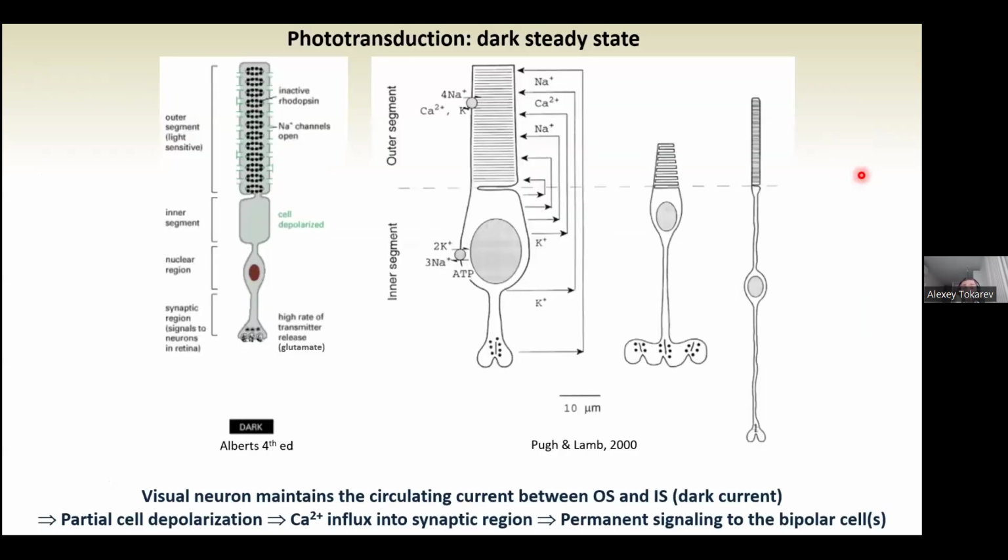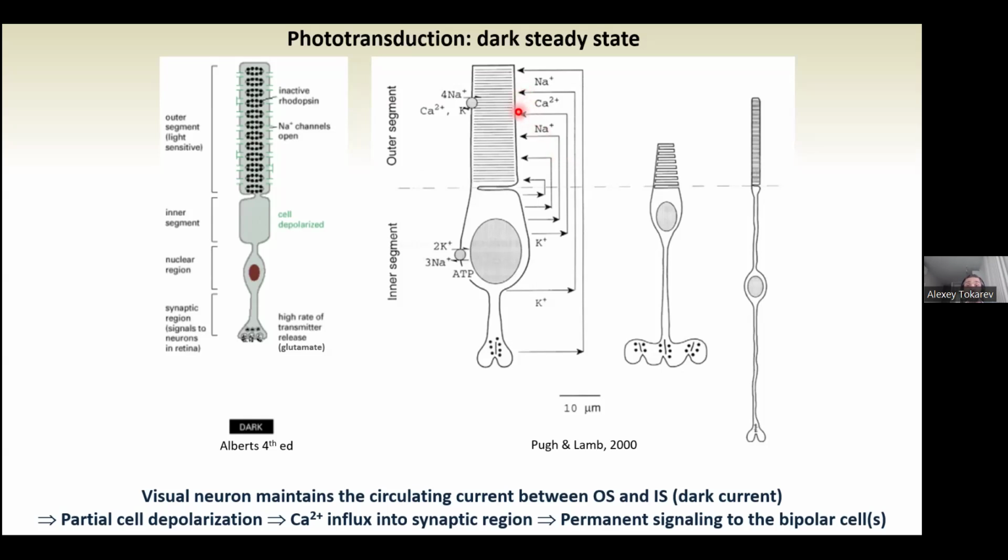Well, the general idea of phototransduction is as follows. When we have no light, in dark conditions, the visual neuron functions in a very specialized way. The neuron is partly depolarized. Why is it so?